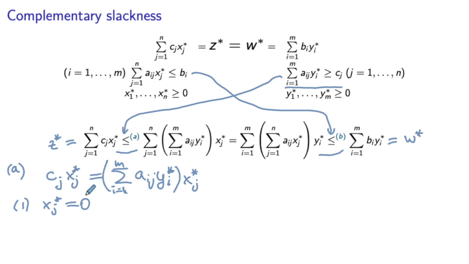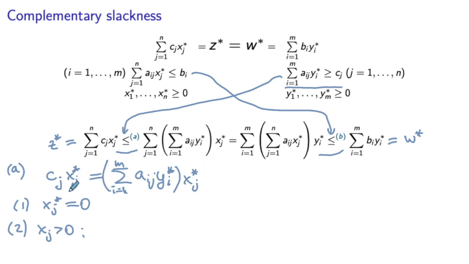Great. Now, how about xj not equal to 0? If xj is not equal to 0, then it is greater than 0, and I can divide both sides of this equation by xj star.